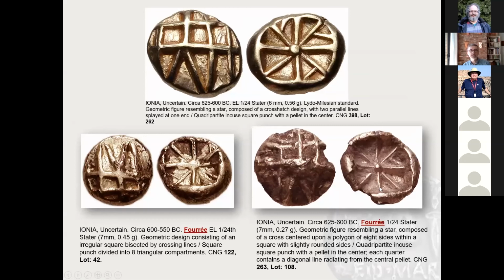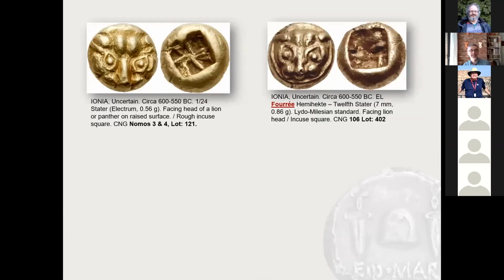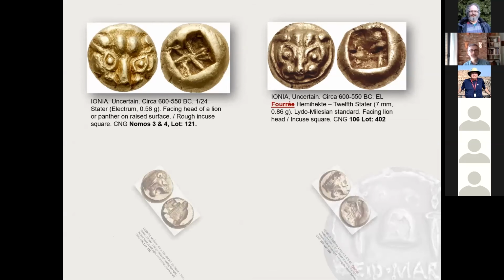You name it, any pattern that you come across by any mint was counterfeited by whoever. Here is another example with facing head of a lion obverse and a punch reverse.